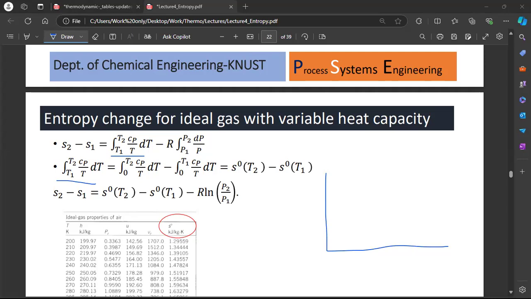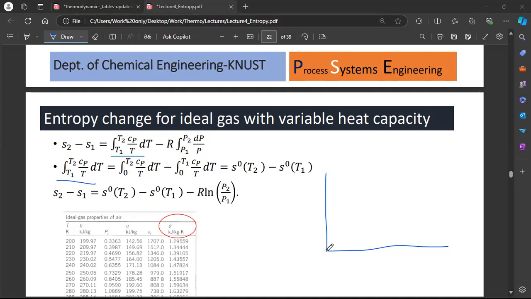Okay. So instead of us taking it from T1 to T2, we are going to break the integral into two parts. So from 0 to T2, then minus from 0 to T1.